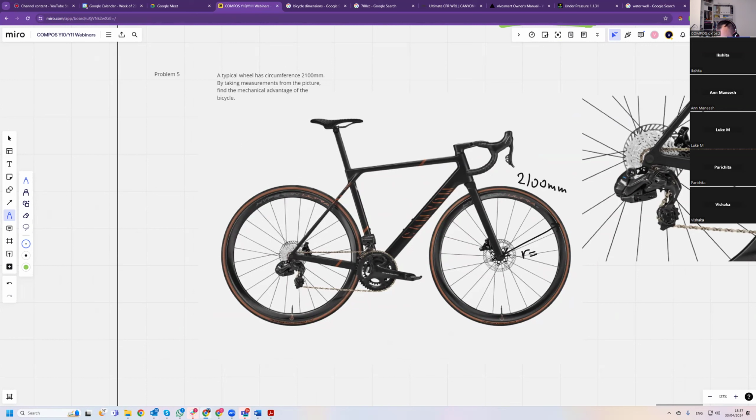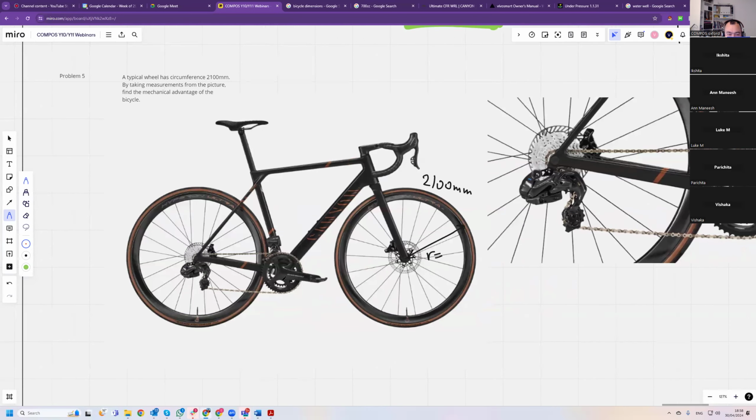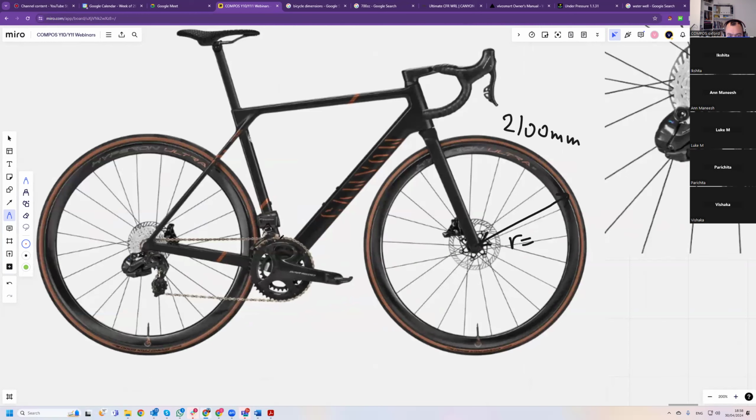Everyone calculate the radius of the wheel. Okay, let's stick with 330 millimeters.